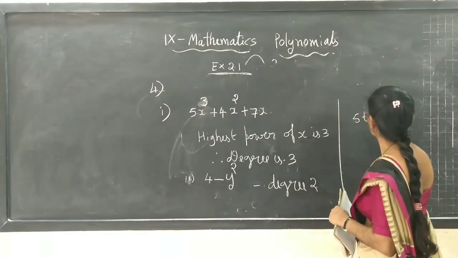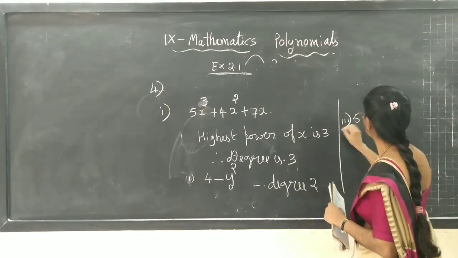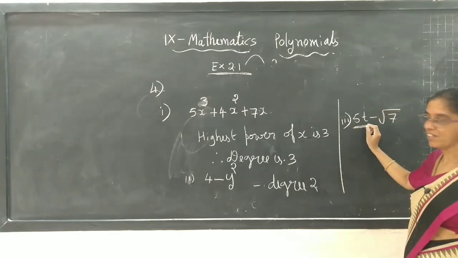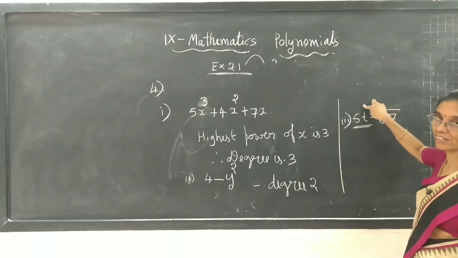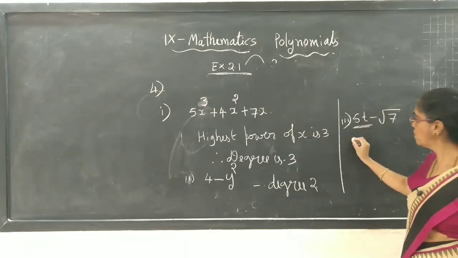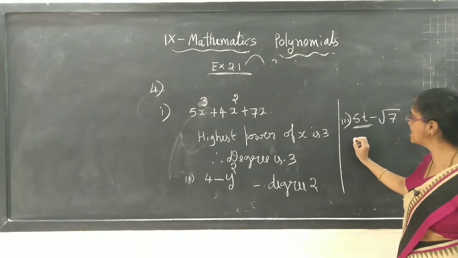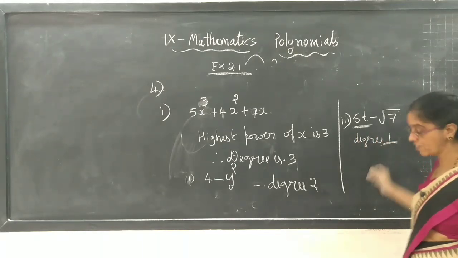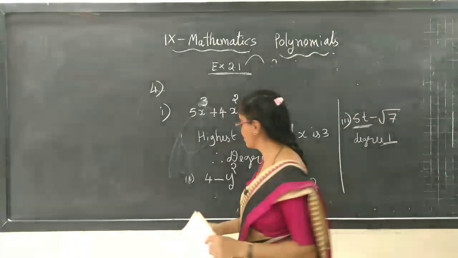So what is the variable? t here. What is its highest power? No number is written, so the power is 1. So the highest degree is 1. Here it is 1.